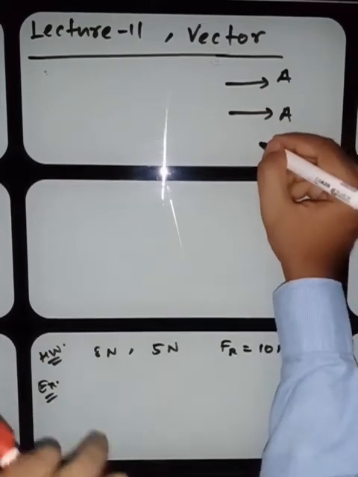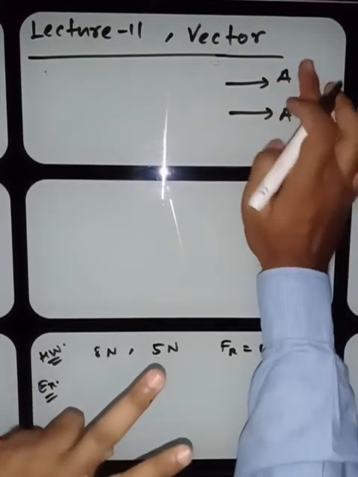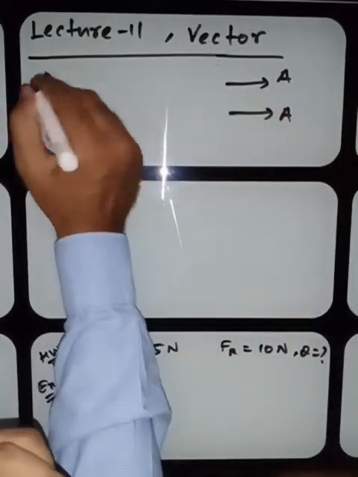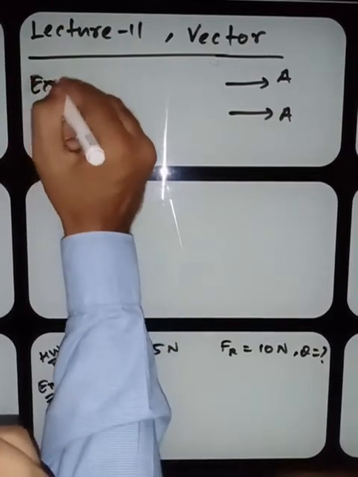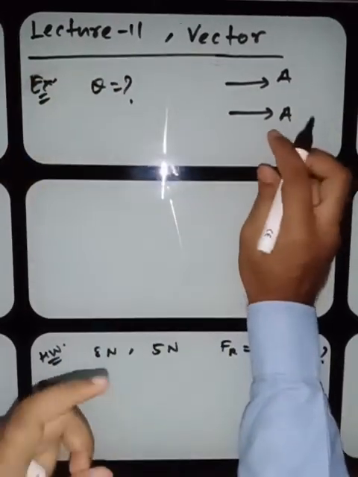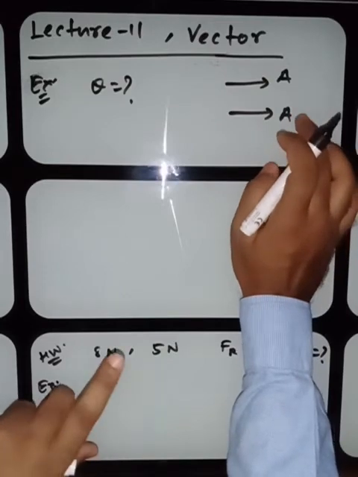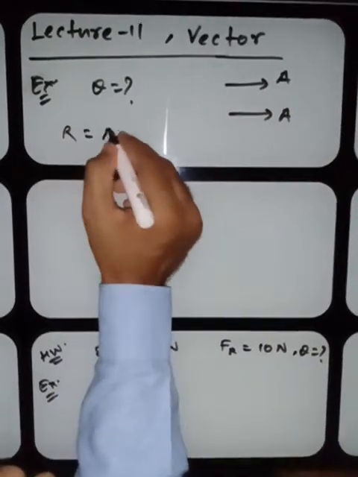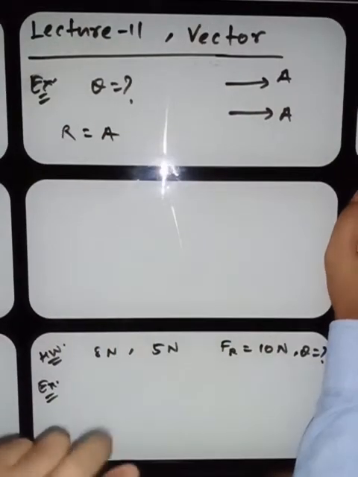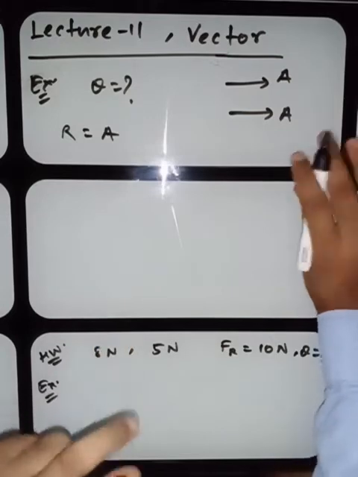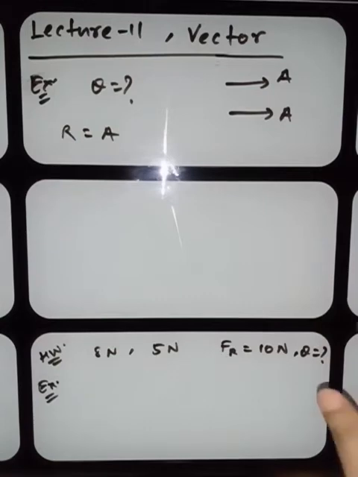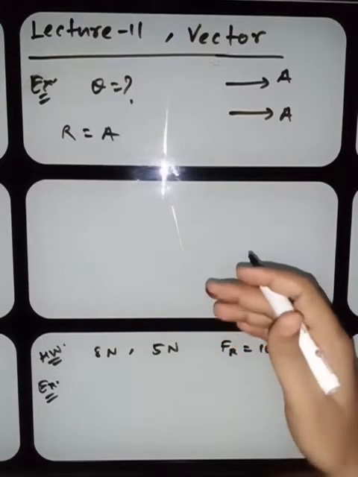At what angle are these two identical vectors inclined so that the magnitude of the resultant is the same as the magnitude of either one? You have to find theta. Try to solve. Pause the video, my dear students, and try to solve this question.